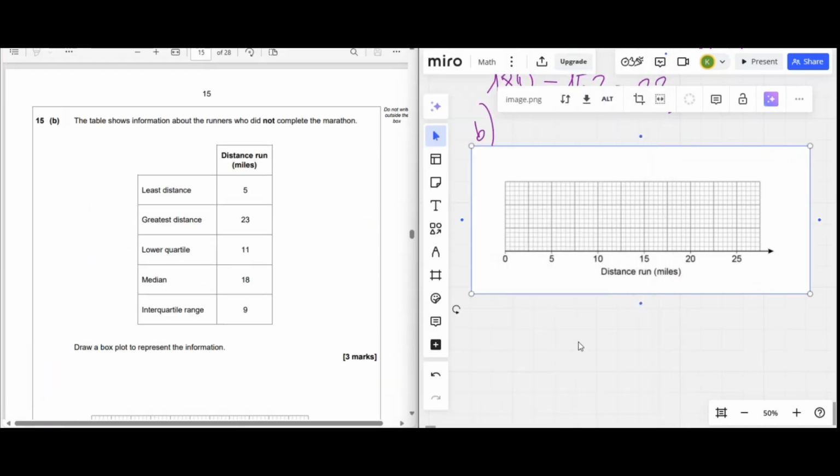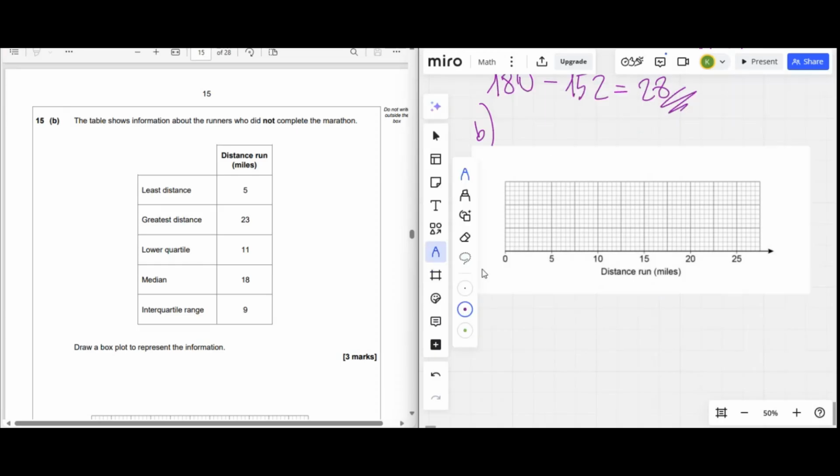All right. So we have least distance being 5. So let's put a whisker there at 5. We have greatest distance being 23.